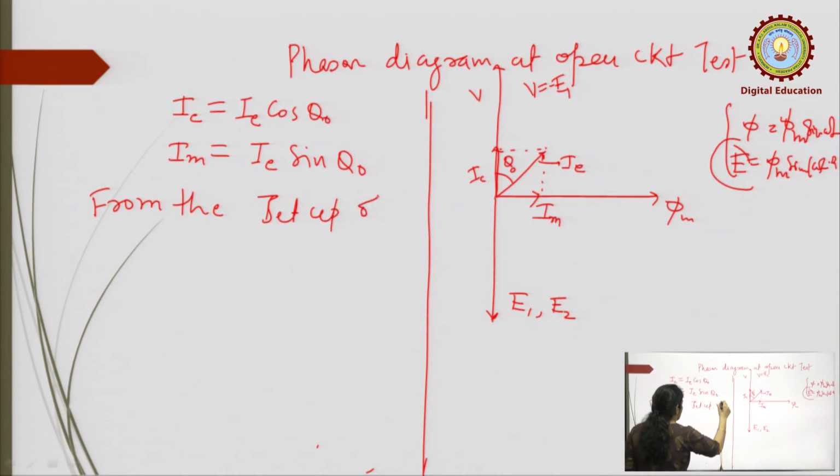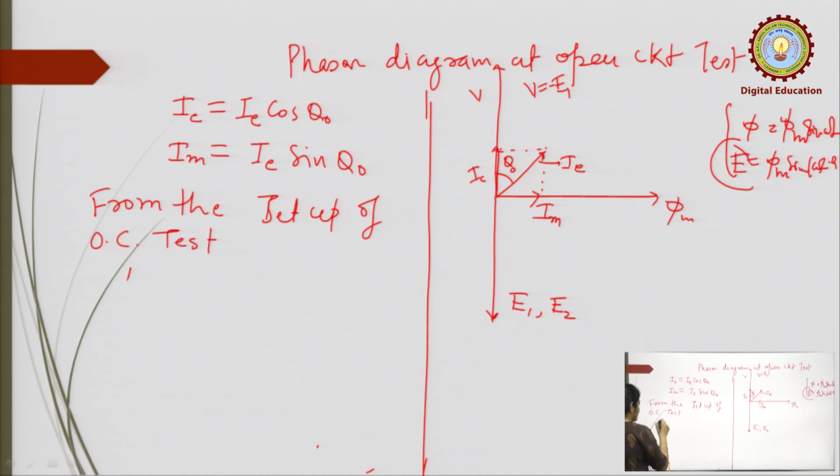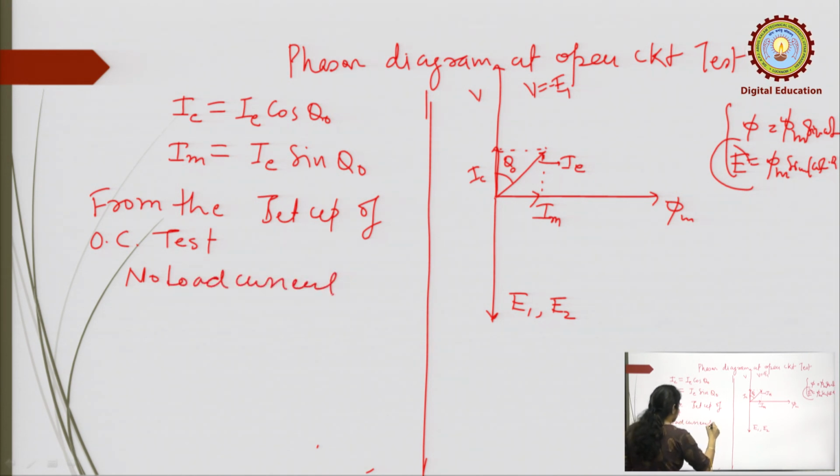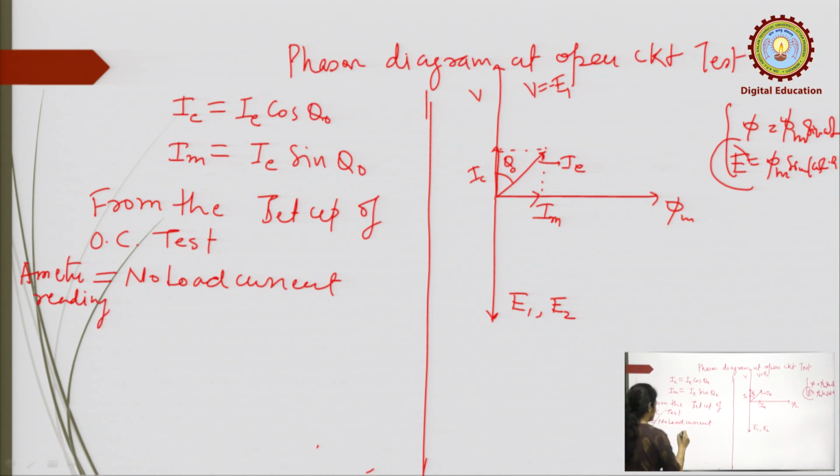Suppose from the setup of the OC test, the open circuit test, we got the no load current. The ammeter reading gives you the no load current, suppose this is IE.